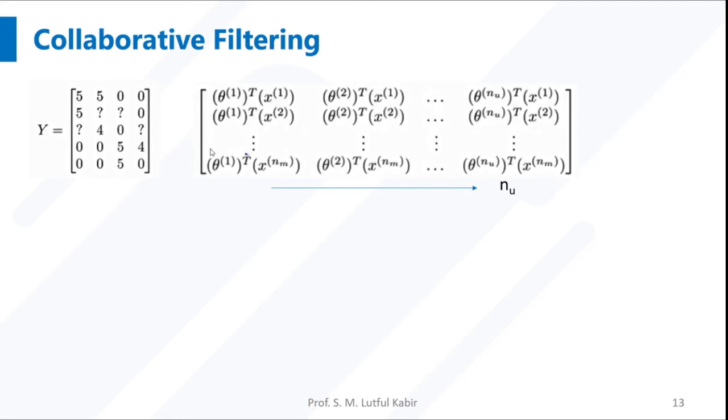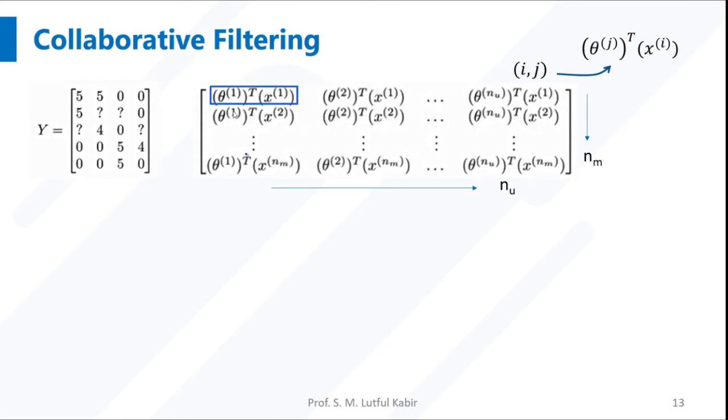The number of users is in the columns, you see theta 1, theta 2, up to theta nu. And in the rows is the number of movies, x1, x2 up to xnm. So each position is defined by ij, where i is the movie index and j is the user index. So each element can be generalized by theta j transpose multiplied by xi.